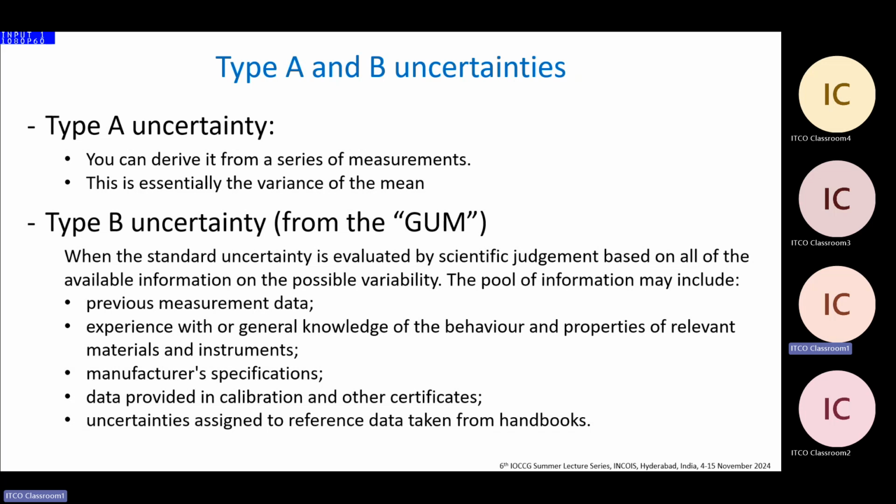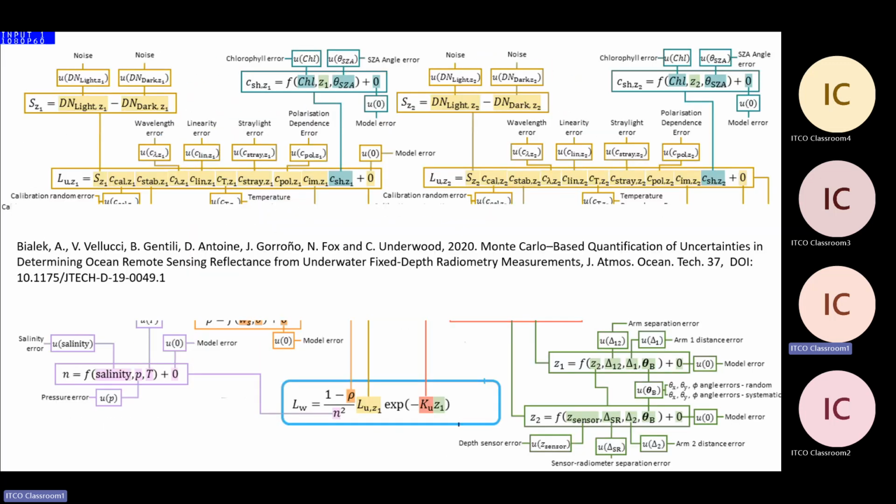The pool of information may include previous measurement data, experience with or general knowledge of the behavior and properties of relevant materials and instruments, manufacturer specifications, data provided in calibration certificates, and so on. So that's a bit more like a guess, in some way. It's not as grounded as a measurement, as a type A uncertainty. But many of the uncertainties we would have to include in this complicated graph would be type B uncertainties.